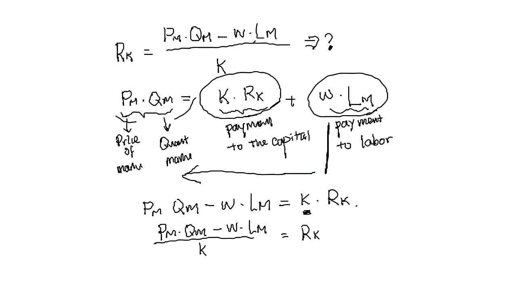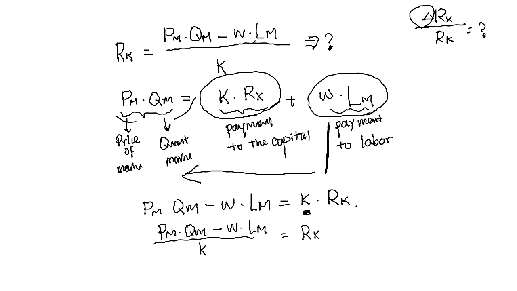Okay? One more thing, because we are interested in figuring out this term. Right? So what's the meaning of this triangle? We call it delta. Delta means the change on the rental to the capital.